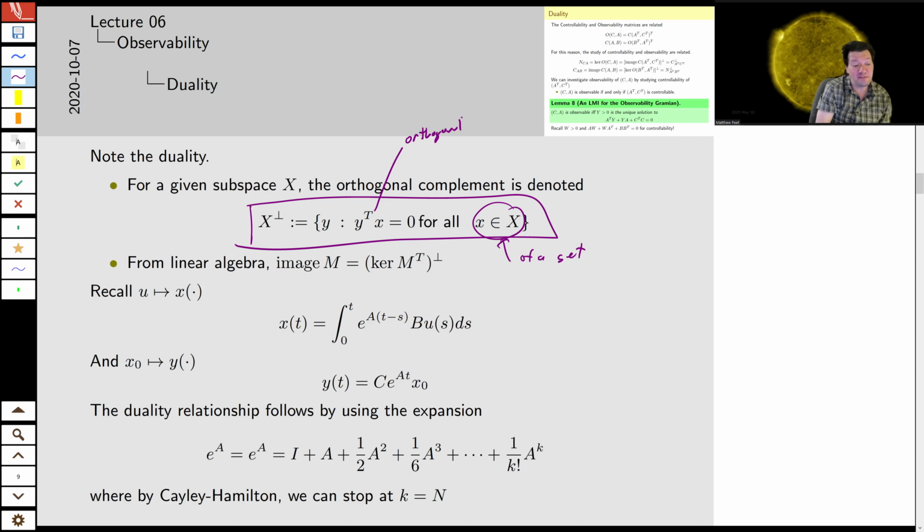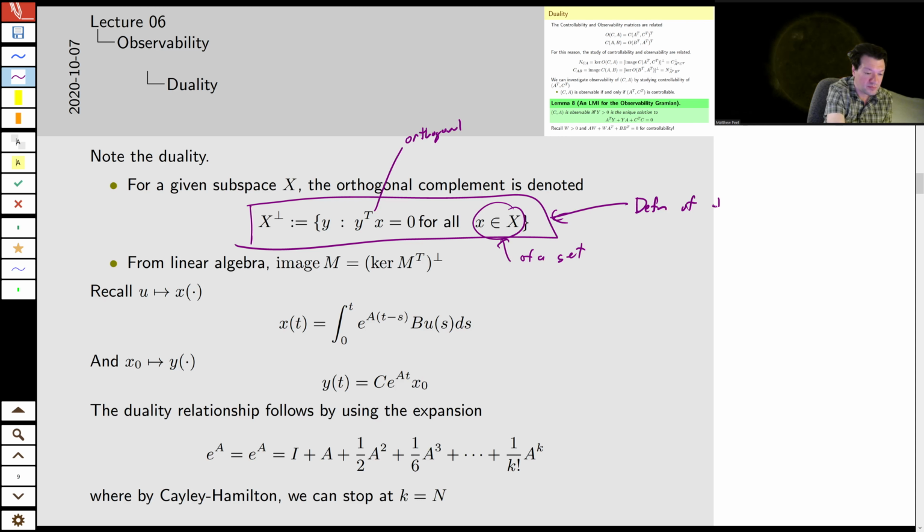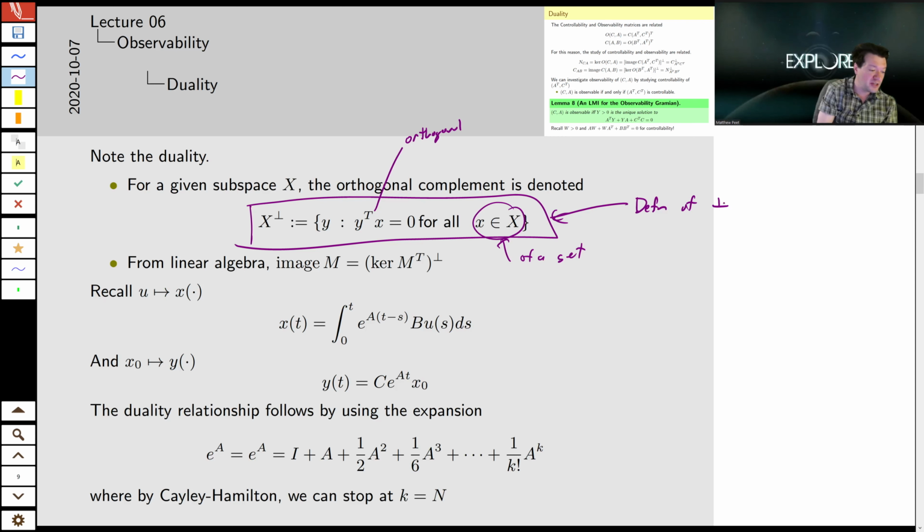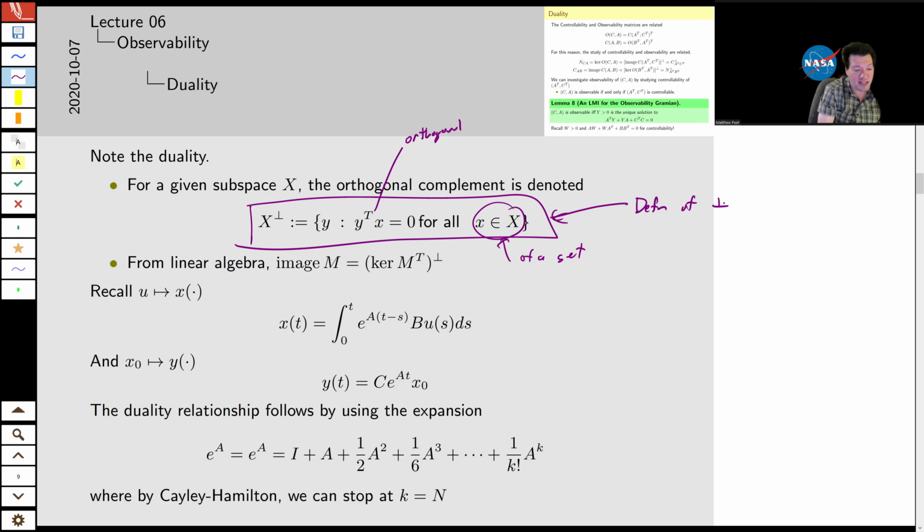So that's the definition of perp space. For a given X, it doesn't even need to be a space. It can be a set. But once you define the perp space, that is in fact a subspace, regardless of what X is.